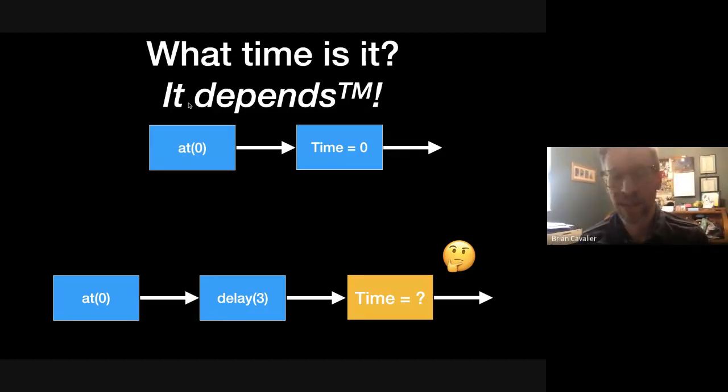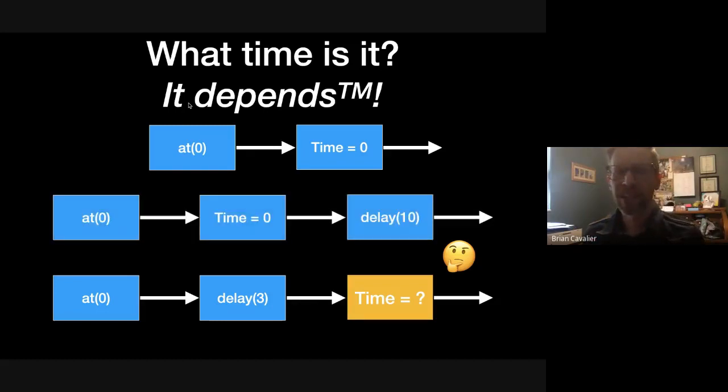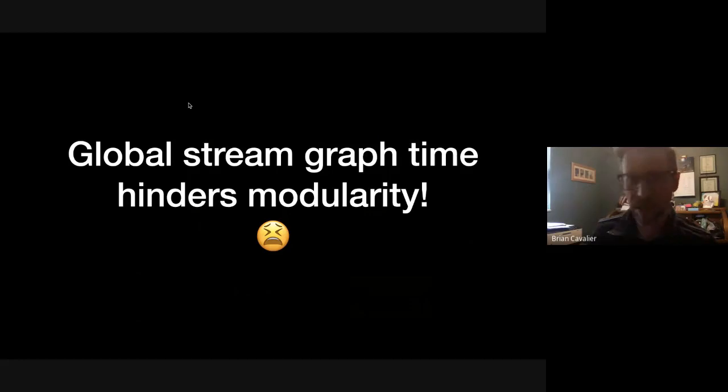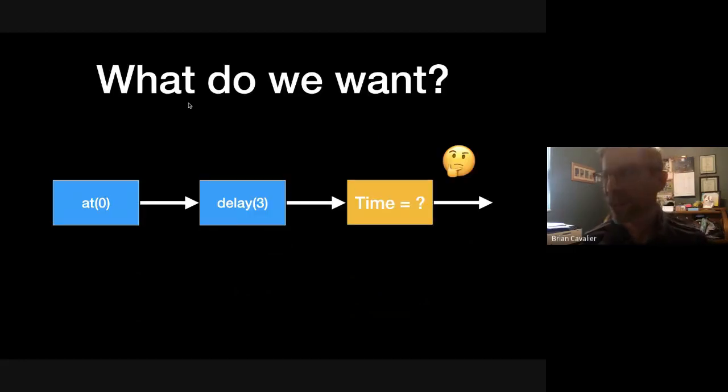And we don't want that, right? We want to be able to snap these boxes together without the chance for that kind of problem. But it's not really clear what the answer is here, or at least it wasn't for a long time.